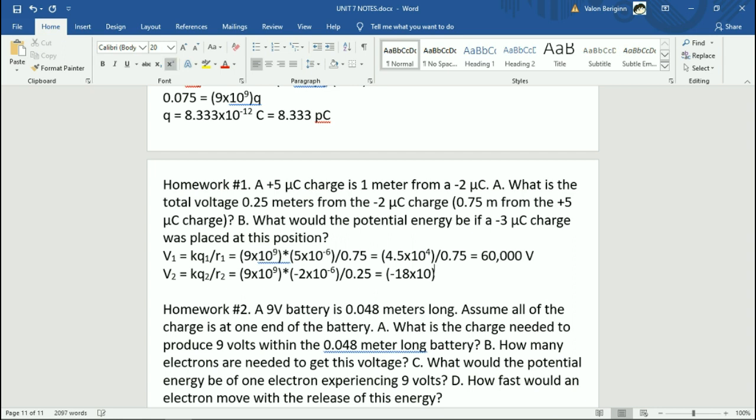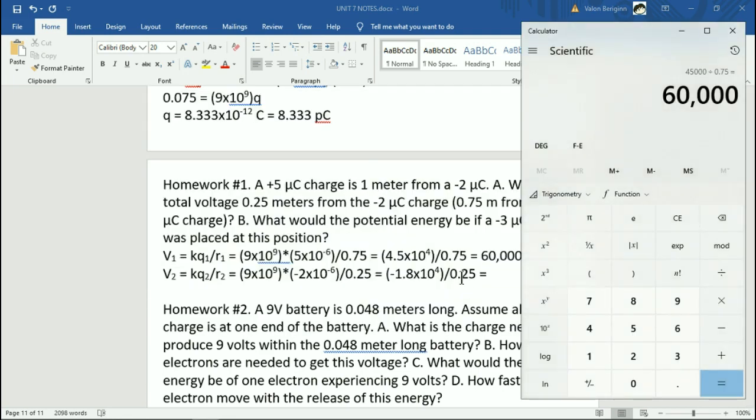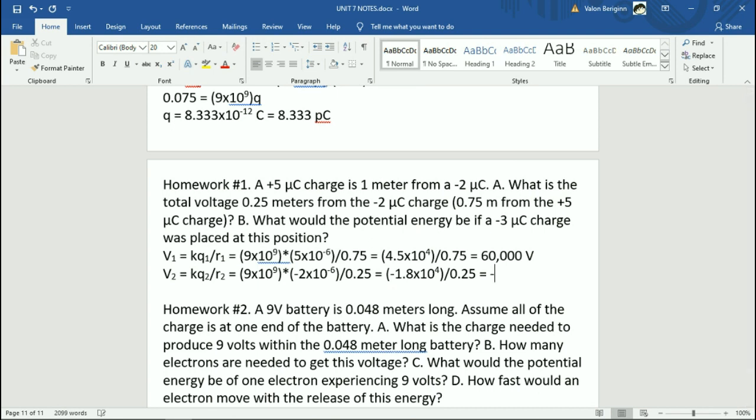Which therefore becomes negative 1.8 times 10 to the 4, divided by 0.25. So, 72,000. And it's going to be negative 72,000 volts. Negative because of the negative charge.